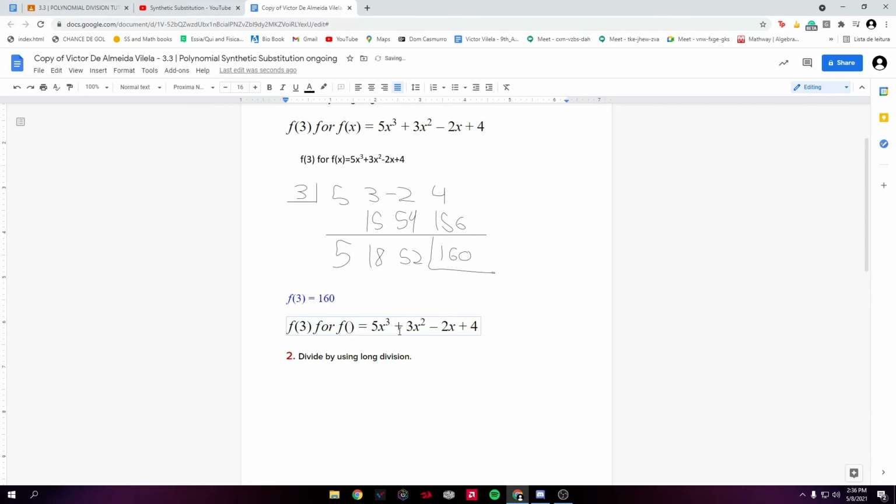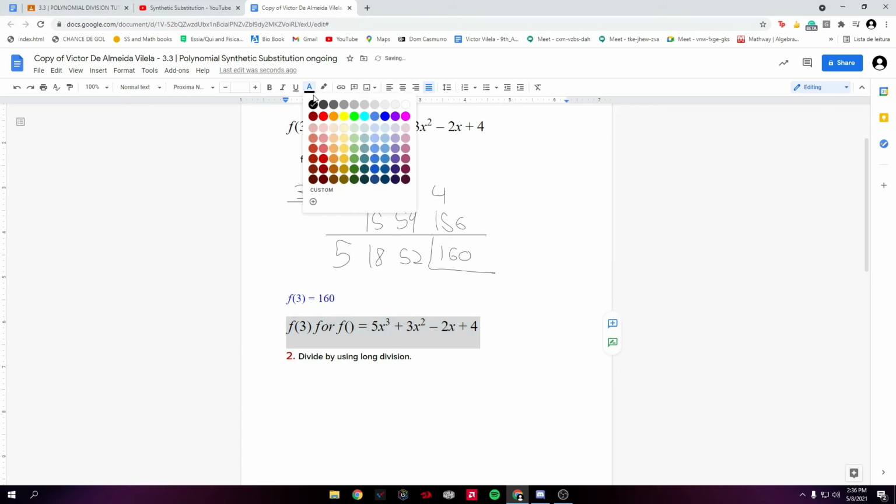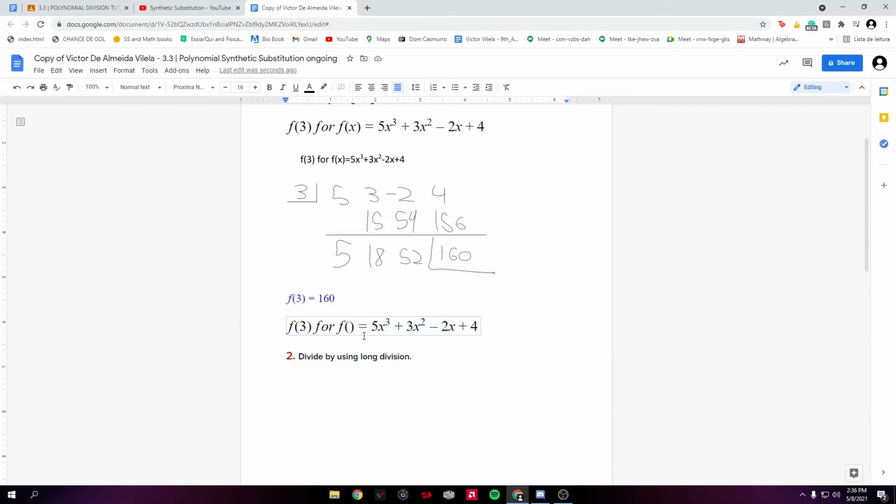So we could just substitute the x's, so all the x's here. Actually, I'm just gonna change it so it's easier. I don't know even if it's gonna change, but yeah, it's not gonna change. So what we can do is substitute all the x's here for the 3, okay, to check.